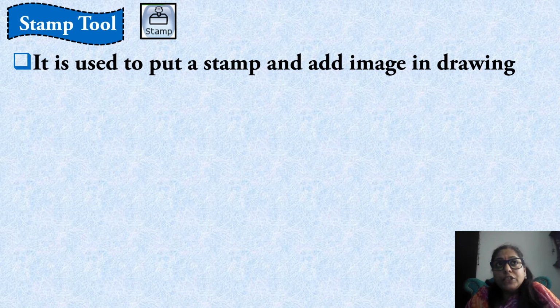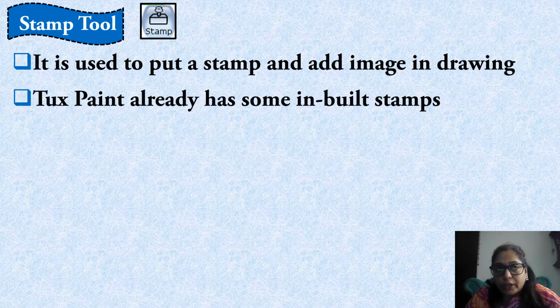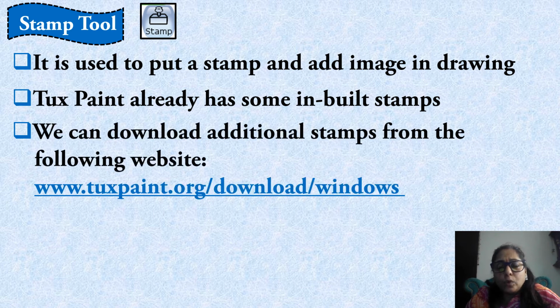Stamp tool is used to put a stamp and add an image in the drawing. Using stamp tool we can add a ready-made image of anything to our drawing as a stamp, as a sticker.